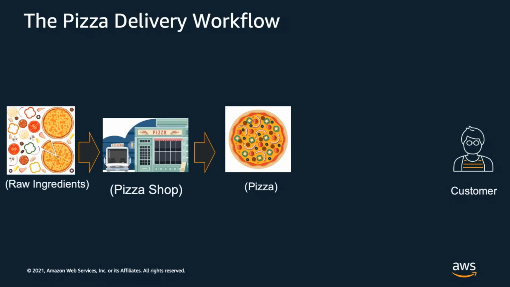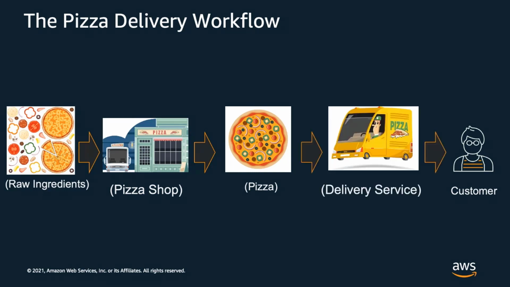First, the pizza shop needs to take in raw ingredients and create the pizza itself. Then, the pizza is passed on to a delivery service, which in turn interfaces with the customer and serves them directly. So essentially here, we have two businesses that are involved in getting the pizza to our hungry customer.